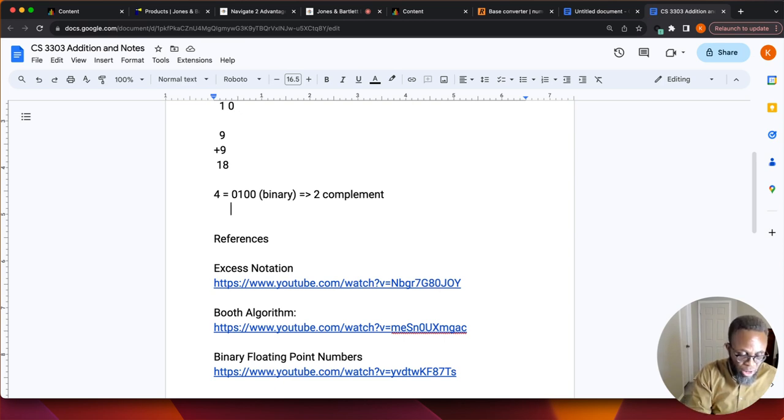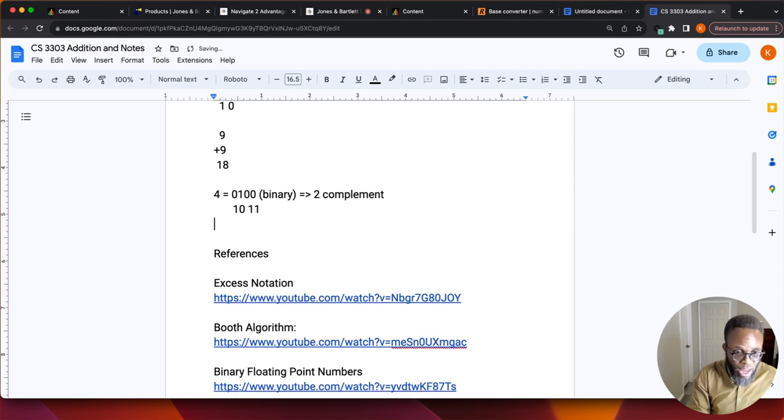We'll start from the most significant bit. That becomes 1, that becomes 0, that becomes 1. Okay, we just flipped the bits around: 1, 0, 1, 1.